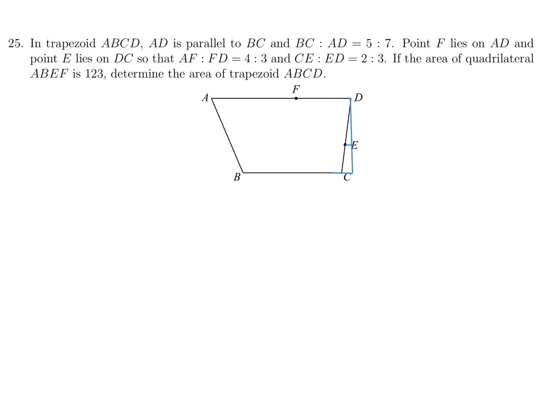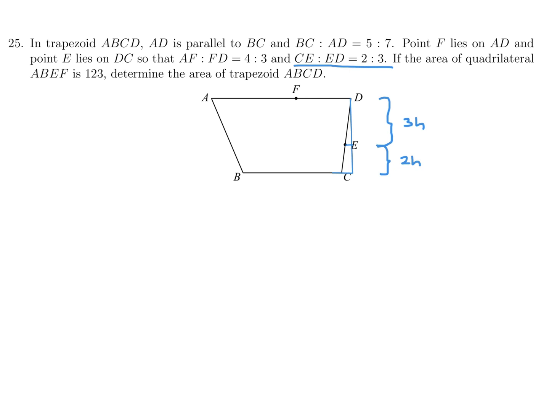Okay, so the purpose of that actually is to use the fact that these ratios that they've given us, which is CE to ED is 2 to 3. So that means from here to here and from here to here will be 3 to 2, right? DE to CE. Okay, so let me just call it 3H and 2H. So H is height.